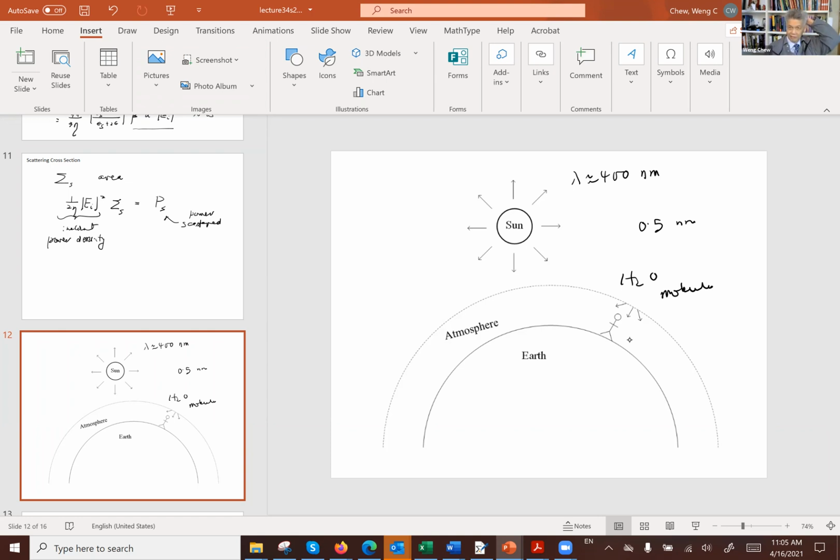So you can make a small particle approximation on the water molecule and estimate their scattering by using Rayleigh scattering. And what it says is that the higher the frequency, the more the scattering. So if the sunlight comes in, which is a solar spectrum, predominantly white light, the high frequency part will get scattered more than the low frequency part. So the atmosphere will scatter the high frequency more than the low frequency. When you look up in the sky, you see a blue sky because high frequency light gets scattered more. That explains why the sky is blue.